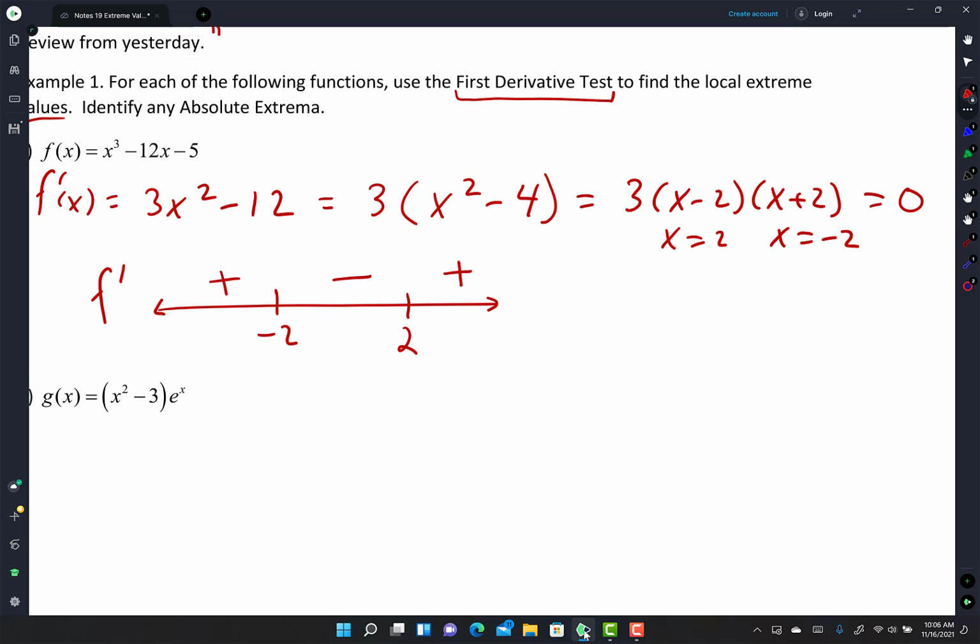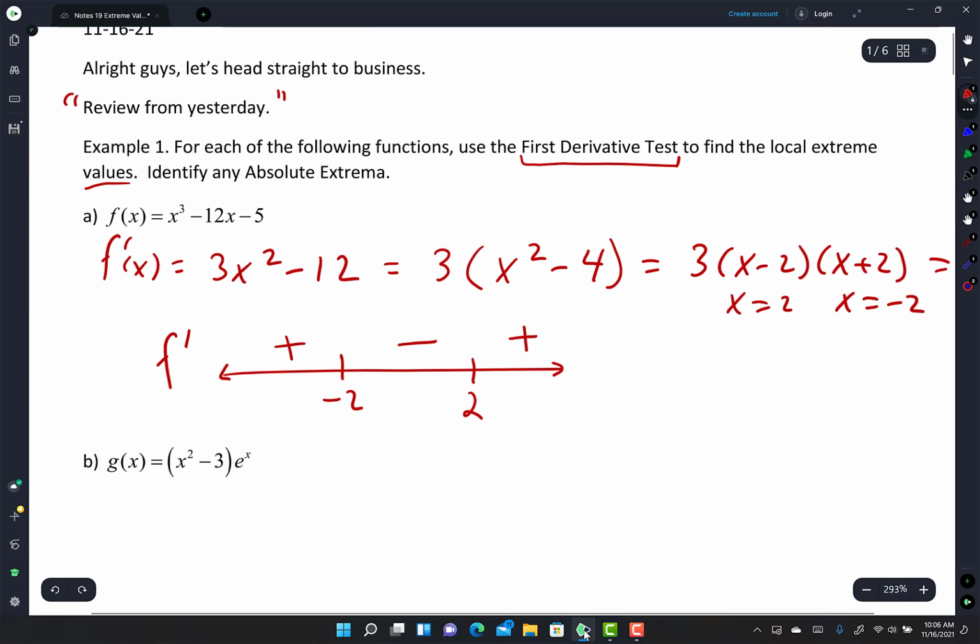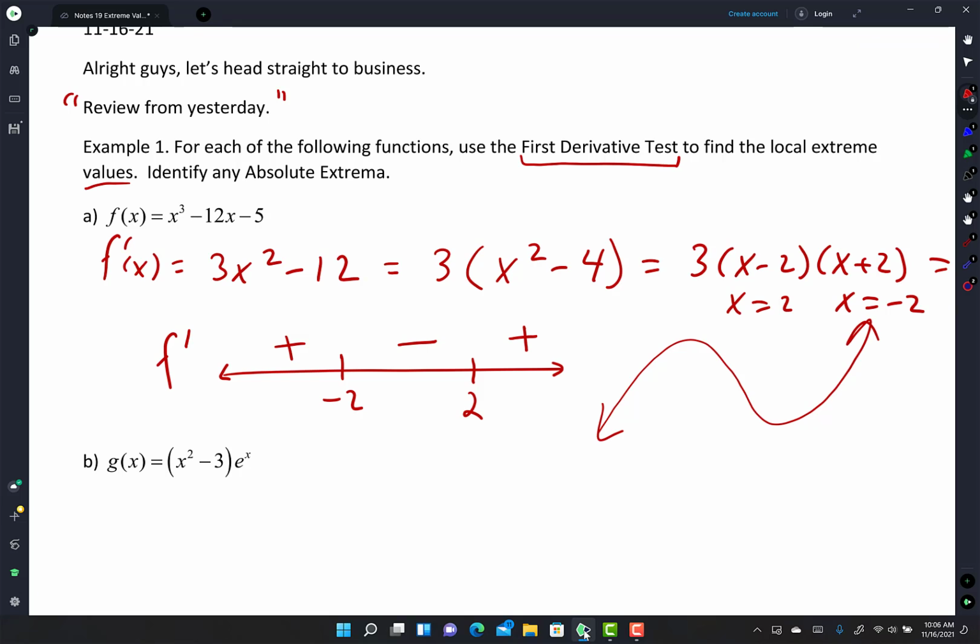Do I have a rough sketch of how this graph probably looks? Yeah, probably something like this. Increasing, decreasing, increasing. So it probably looks something like that. At negative 2, that is a what? It's a critical point, but what type of critical point is it? Max, min, or neither? Max. What about at 2?